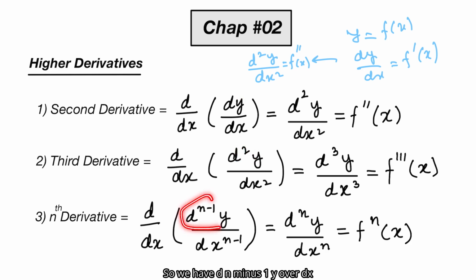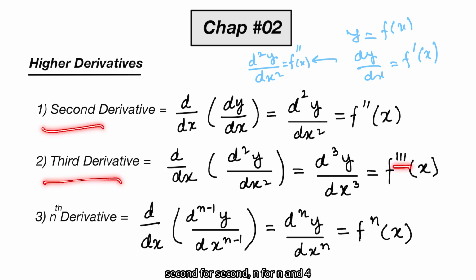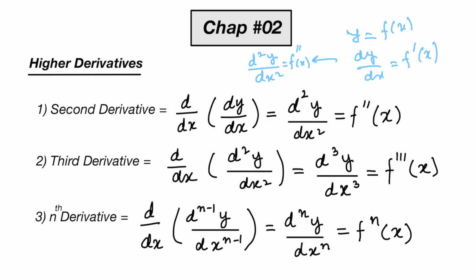So we have d^(n-1) y over dx^(n-1), that is just a notation, is equal to d^n y over dx^n, is equal to f^(n) of x. That is 3 for third, 2 for second, n for nth, and 4 for fourth respectively.